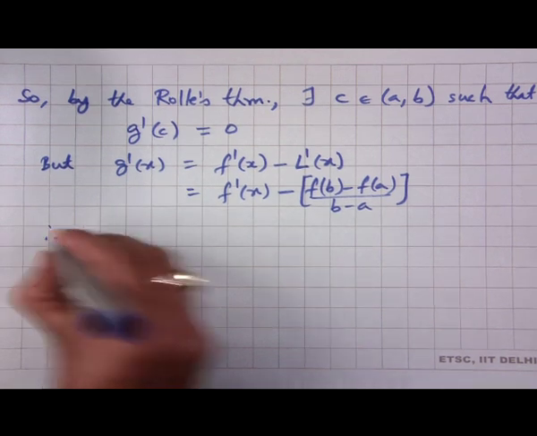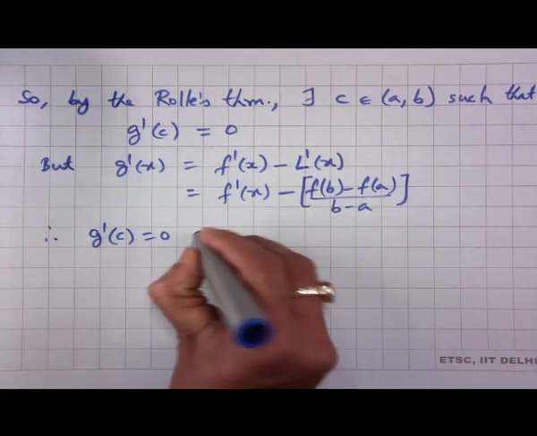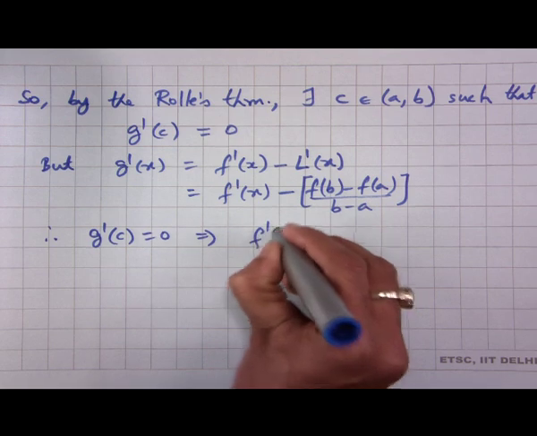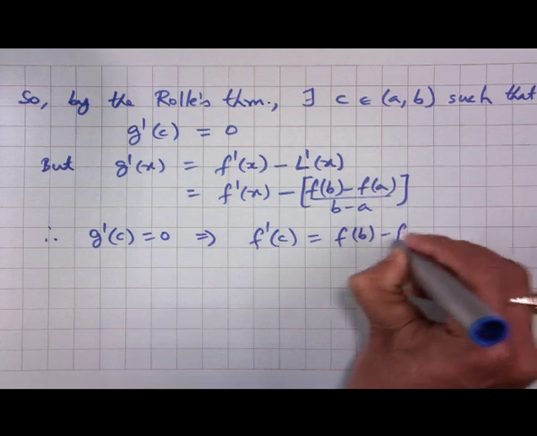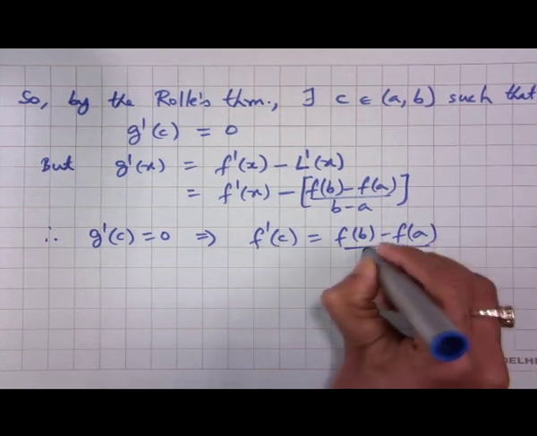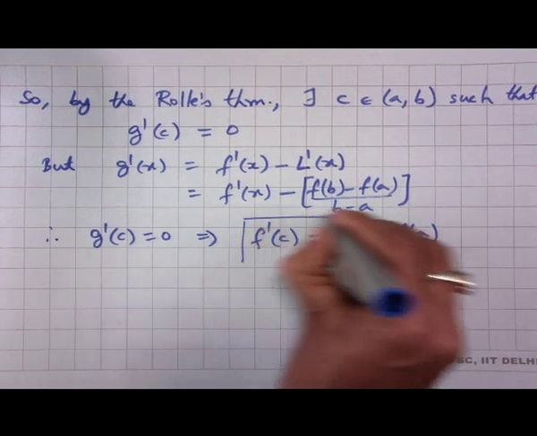Therefore, g prime c equal to 0 implies that f prime c is equal to f of b minus f of a by b minus a. This is what we had to prove.